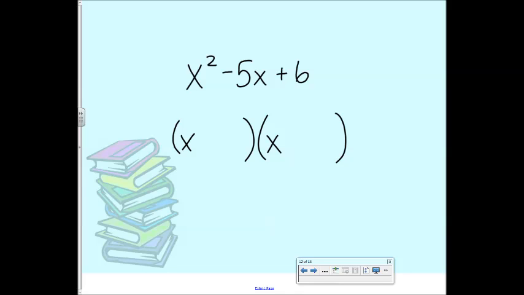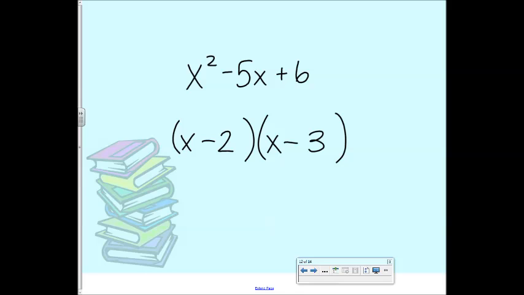So what gives you a positive when you're multiplying? 2 positives or 2 negatives? Since this is a negative, what am I going to need here? 2 negatives. And then somebody said it. Negative 2 and 3. Why? Negative times a negative gives you a positive 6, but negative 2 plus negative 3 gives you a negative 5.